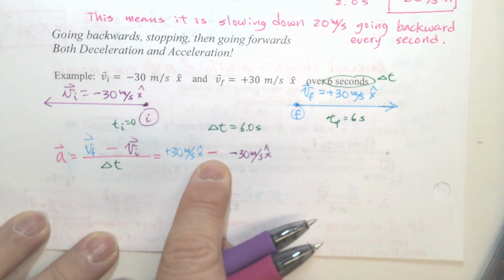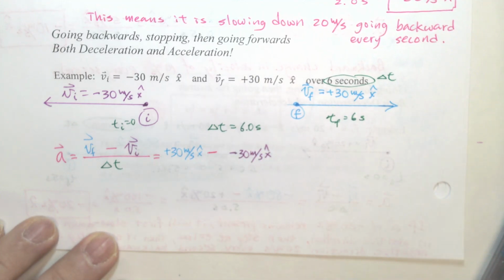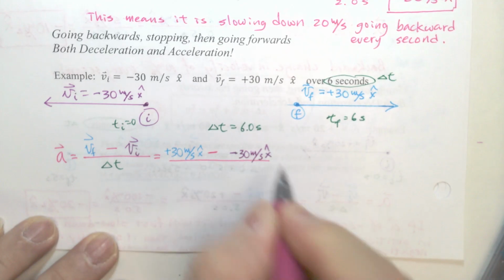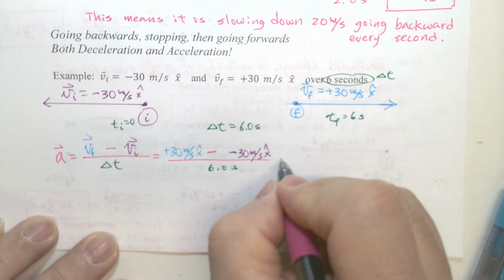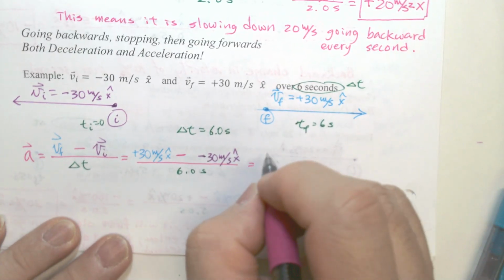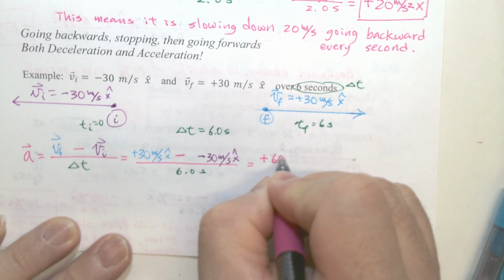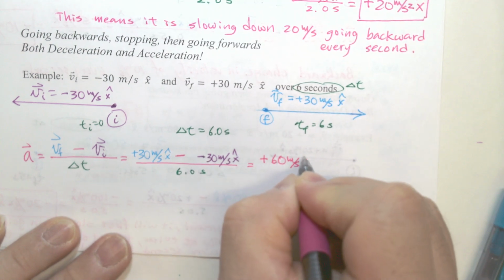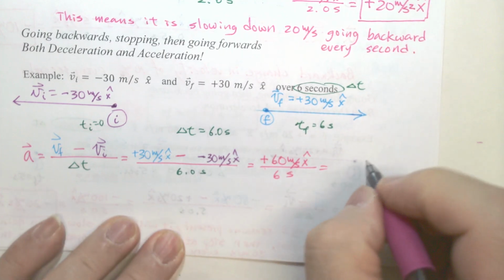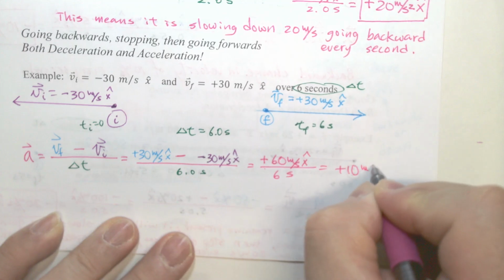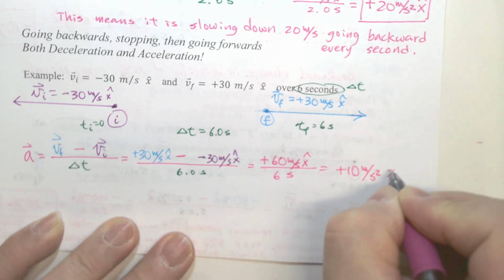So negative makes it positive, right? Whole thing over 6 seconds. And therefore, this becomes positive 60 meters per second x hat over 6 seconds, which gives you positive 10 meters per second x hat.